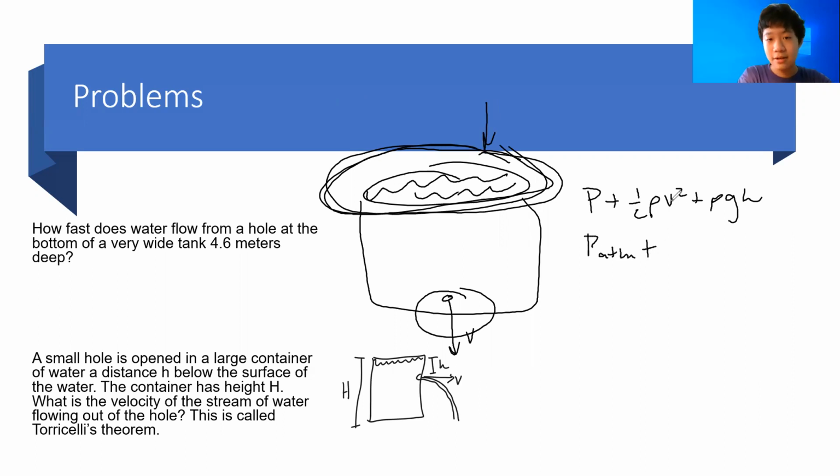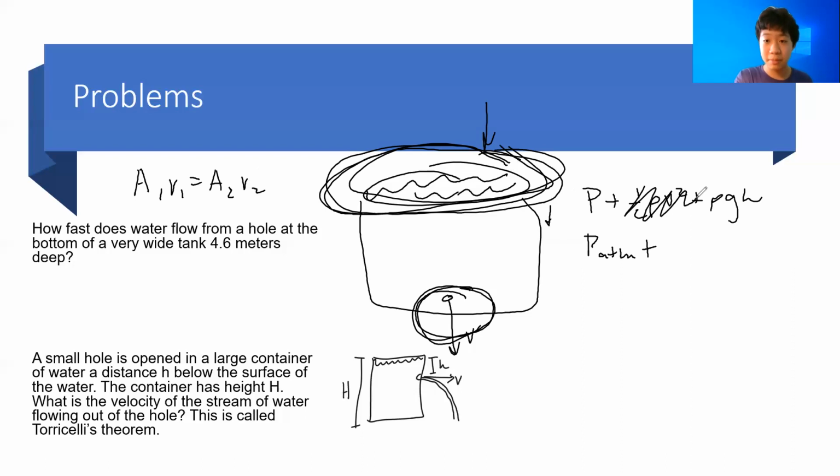Now, what's the velocity? Since it's a very wide tank, the velocity of the water going down is very slow. According to the equation of continuity, A1 V1 equals A2 V2, and if this area is very small compared to this area, then we can neglect the velocity of the water up here. So we can take that out of the equation for the top. And then we have rho gh.